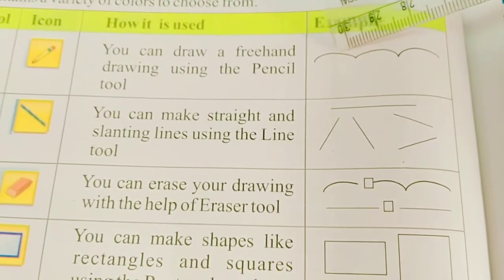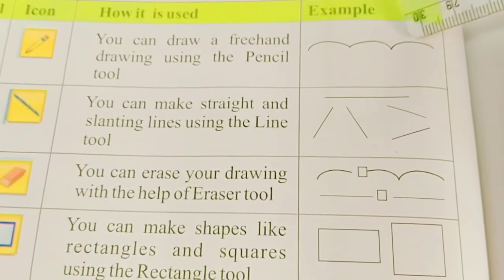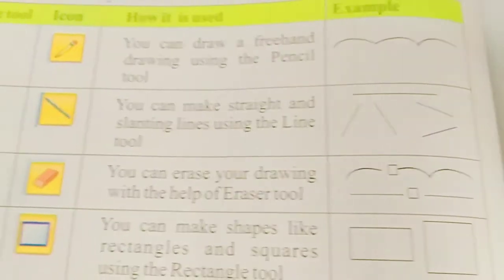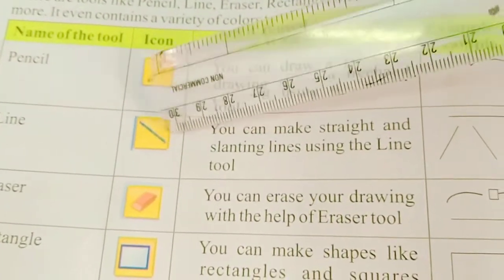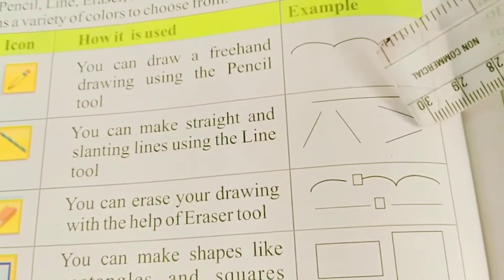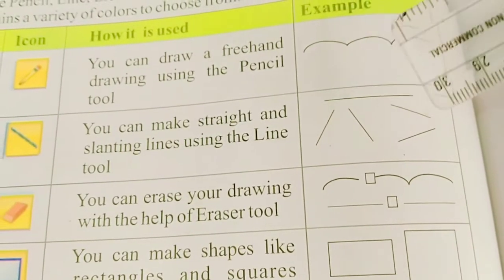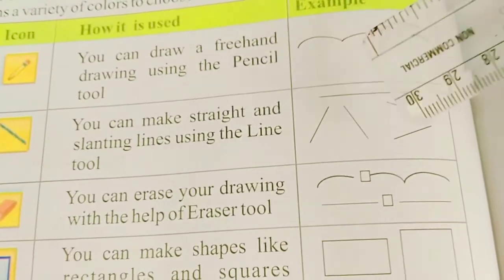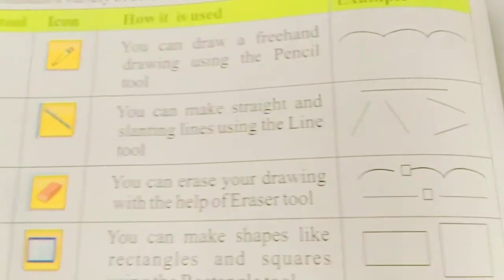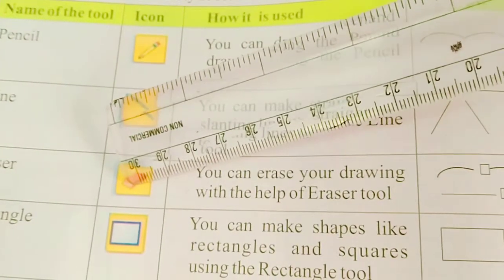With the use of this icon you can draw a freehand drawing using the pencil. And this is the line tool. By using the line tool you can make straight and slanting lines.